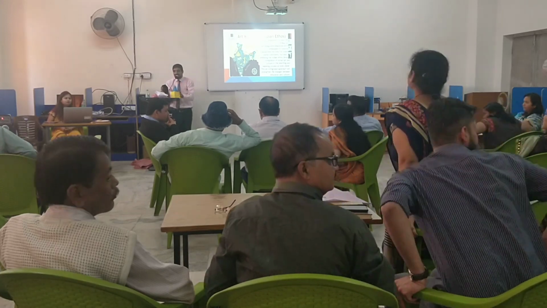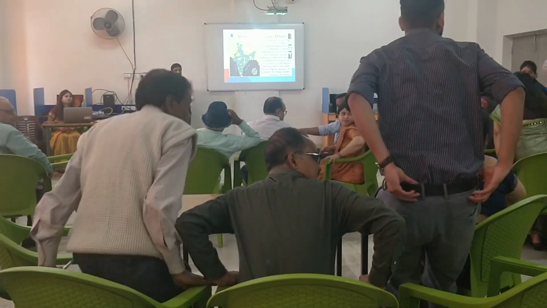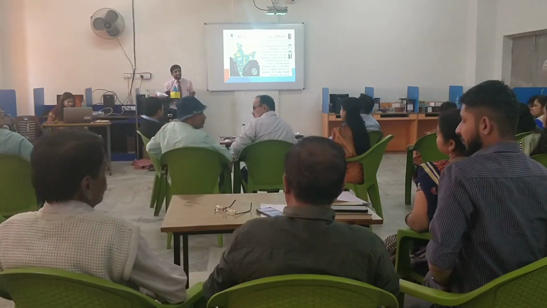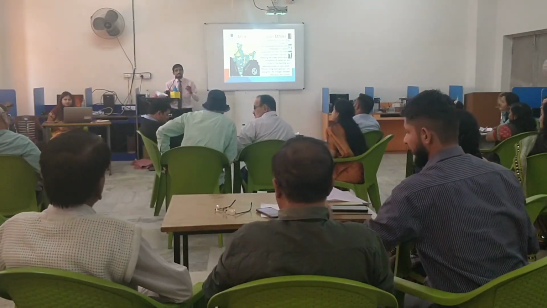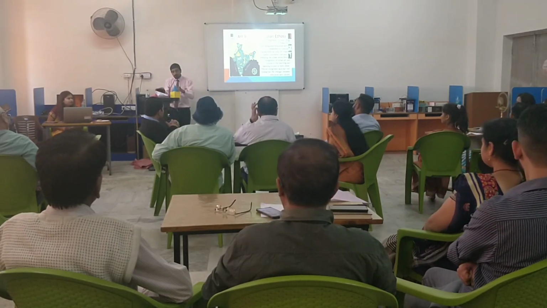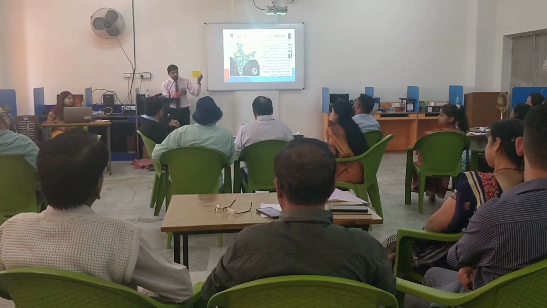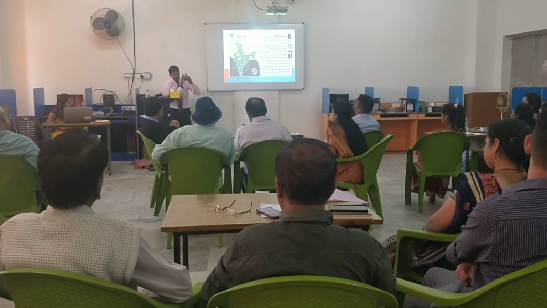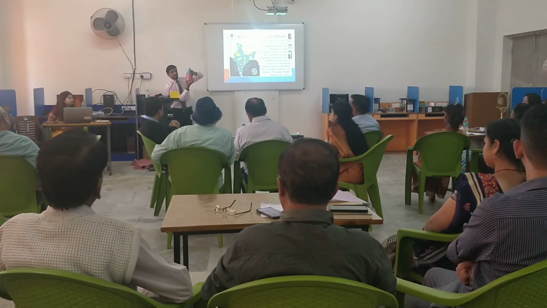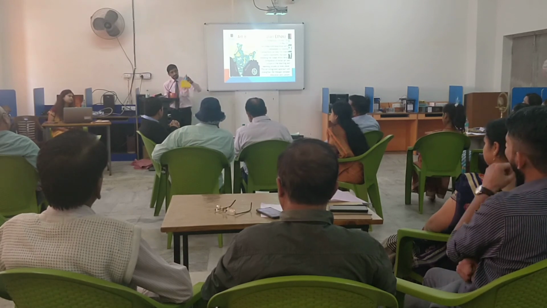So we can say that all the things we are surrounded by can be classified into different shapes: either cuboidal, cubical, conical, cylindrical, or combinations like conical and cylindrical, cubical and cylindrical.